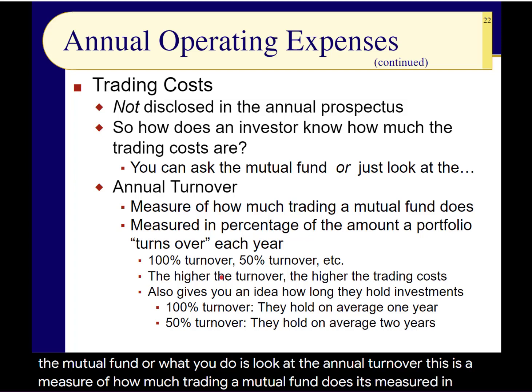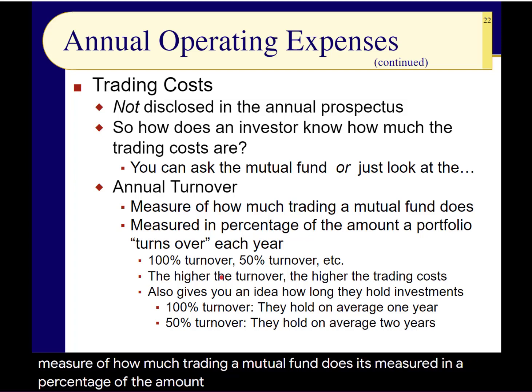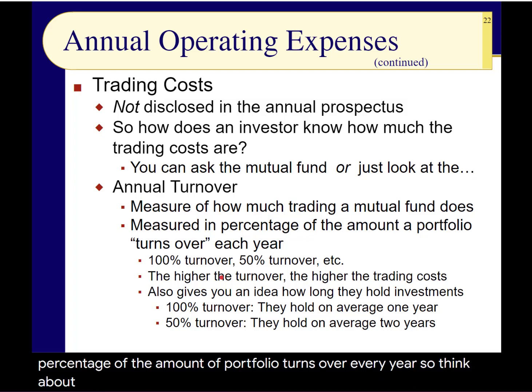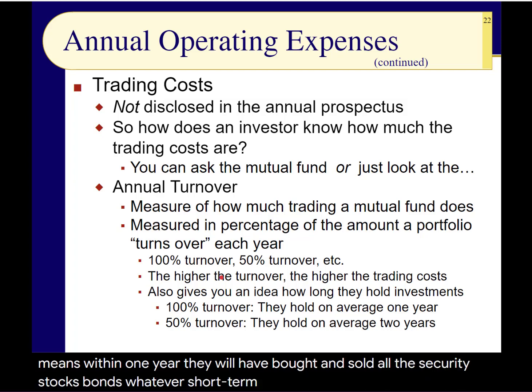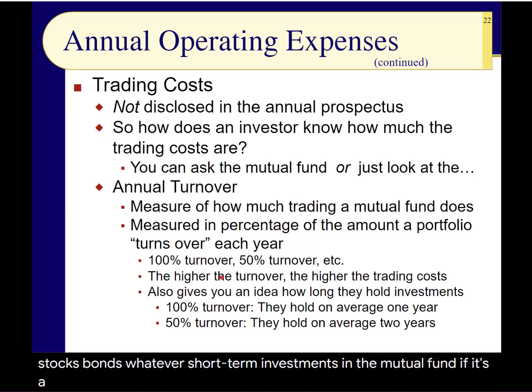It's measured as a percentage of the amount a portfolio turns over every year. So think about this, folks. If a mutual fund has 100% turnover, that means within 1 year they will have bought and sold all the securities, stocks, bonds, whatever, short-term investments in the mutual fund. If it's a 50% turnover, that means it would be 2 years.